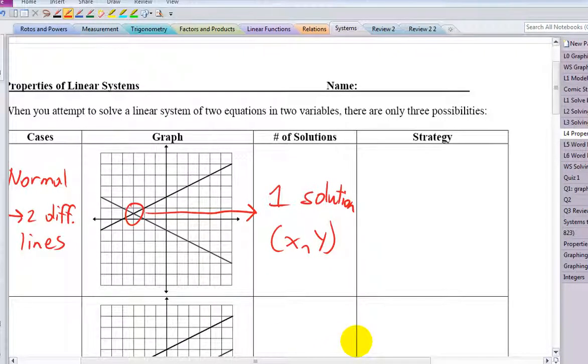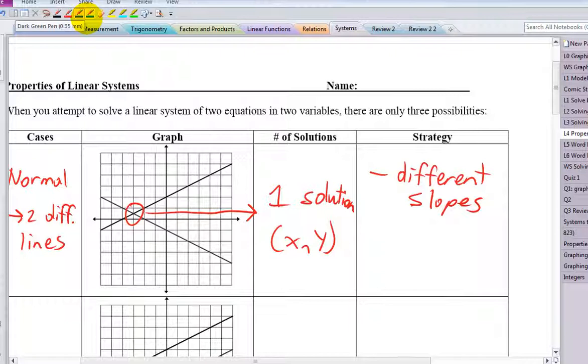Okay, so strategy. What do we have to have? Two different lines. In order to have one solution, the only thing we need is to have different slopes. That's it. If we have different slopes, there's absolutely no way for our lines to cross more than once.